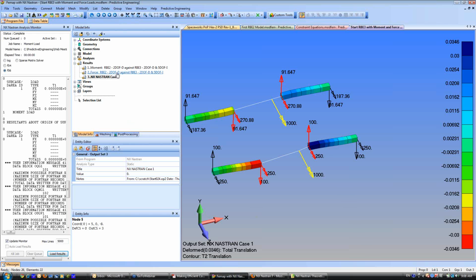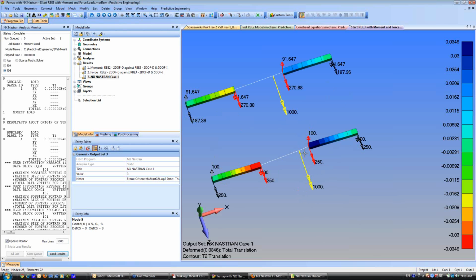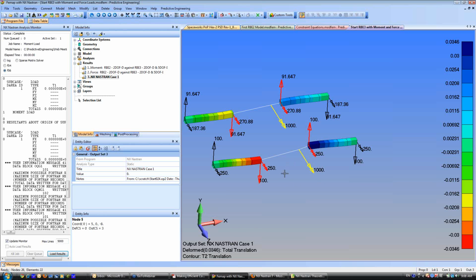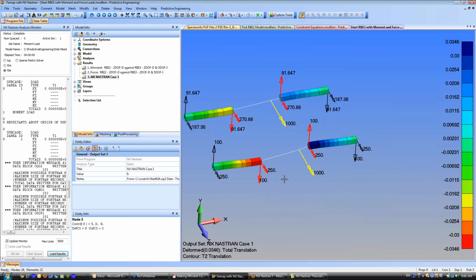Where do I want to go? On the RBE3, in the moment here, of course, it's not going to be dependent upon the location, but you notice how you get the forces of 100, and this is at 250, because it's splitting them up evenly. When you do an RBE3, it's just dividing them up and splitting them.